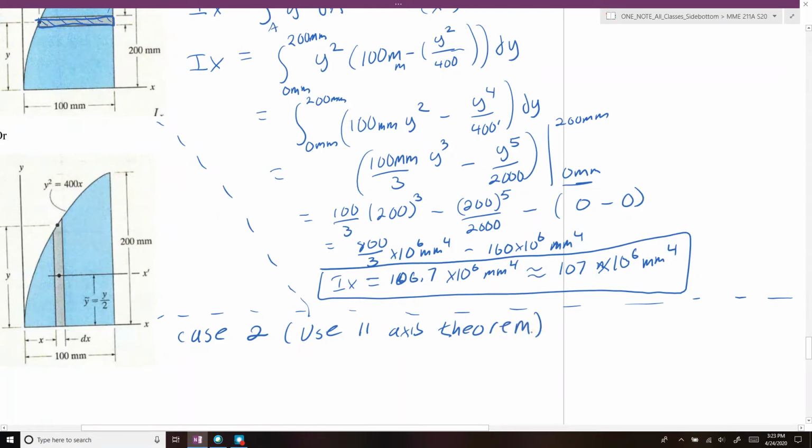I want you to solve for I of x again, but in case 2, our element is perpendicular with our axis.